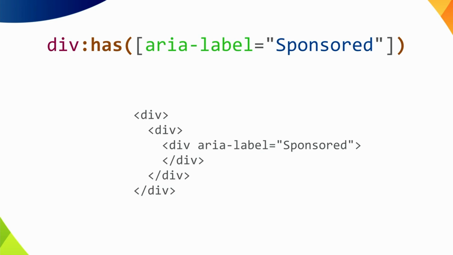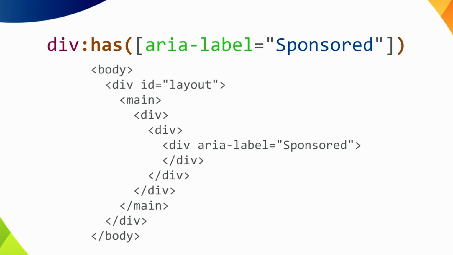And that works great in this limited example. But in the context of a complete document, things can go awry pretty fast. Because in this example, all three of these divs are selected by the selector. Right? They all have a descendant element that fulfills the conditions of has.